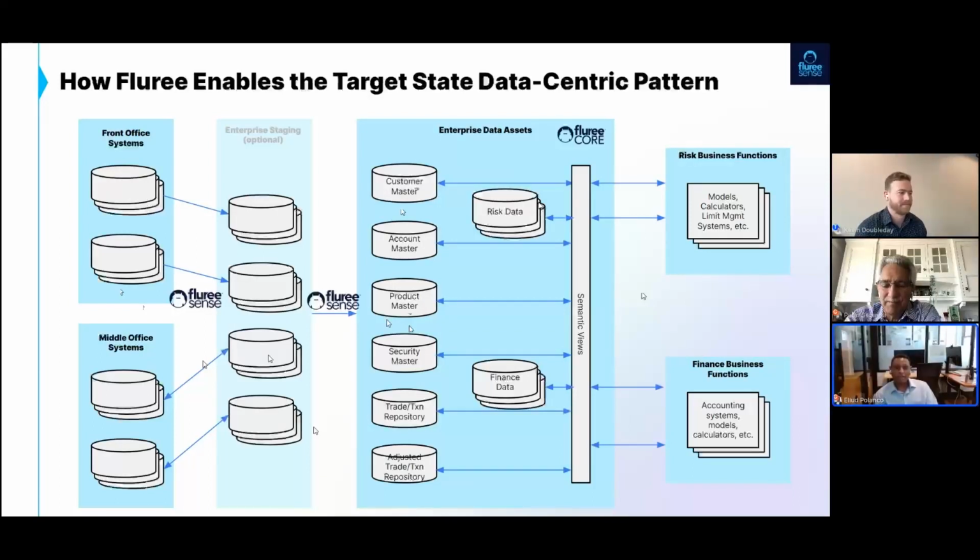Data fabric is one specific type of implementation. The term is kind of new, so it tends to get associated with a specific set of vendor products, fabrics or meshes, and how they interact with things across clouds.